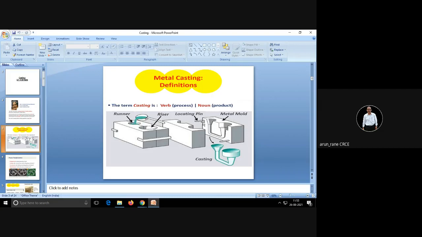So in order to avoid that mismatch, we have locating pins here. These locating pins are also called dowel pins, and there is a hole here. These locating pins locate these two halves.